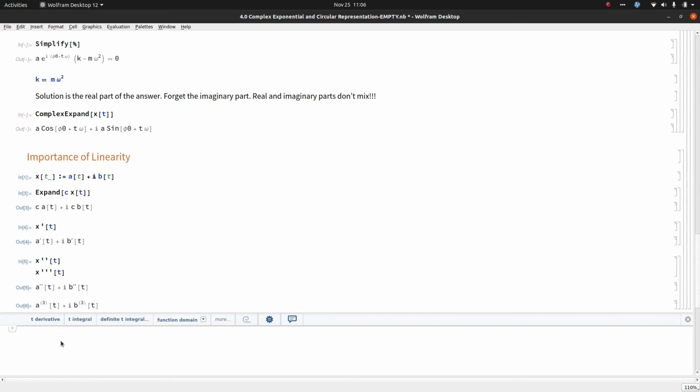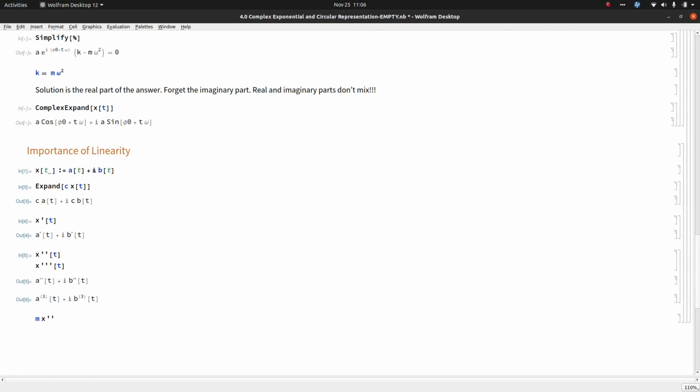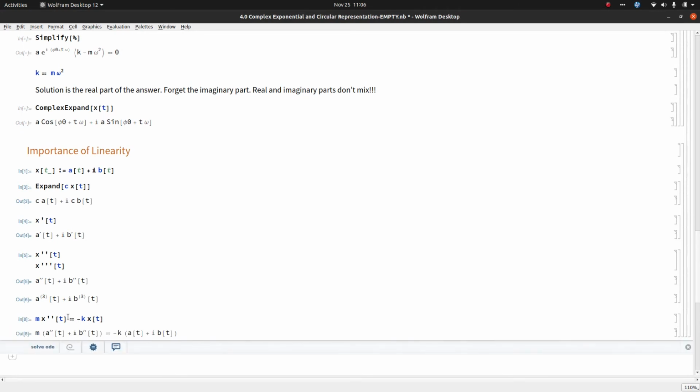And if I look at my force function, I have mass times x double dot. That's a second derivative. That's a constant. Equals minus k, that's another constant, times x of t. And I don't want to set that equal, I need the double equal sign.